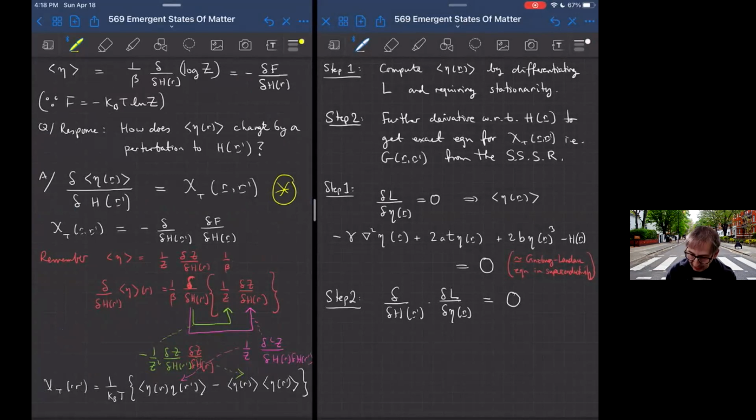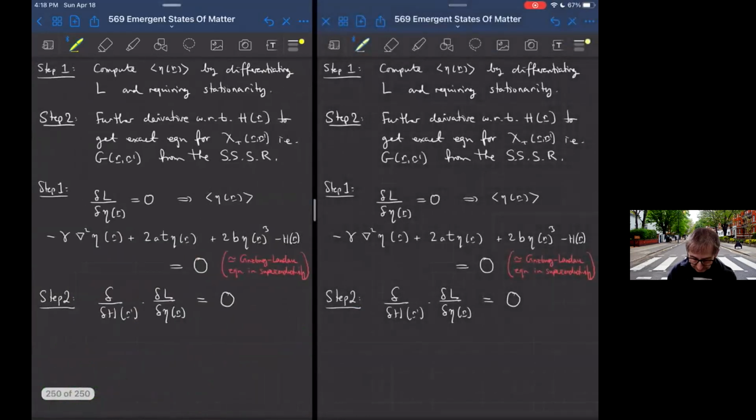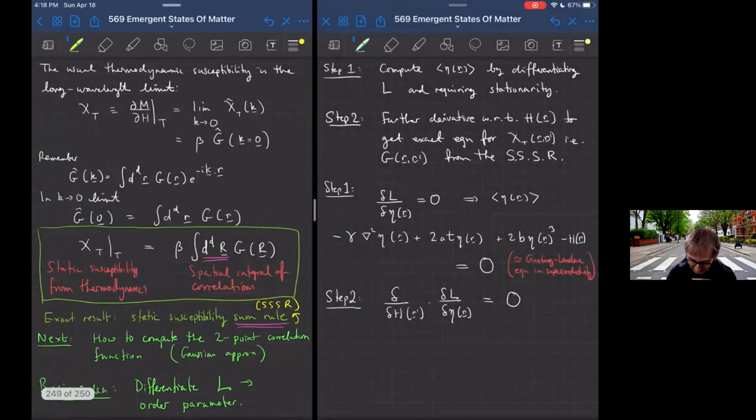So now we can write down what we're going to get. What we will get then is minus gamma, and then del squared. We're differentiating with respect to h of r prime. H is a different field. R prime is just a label.